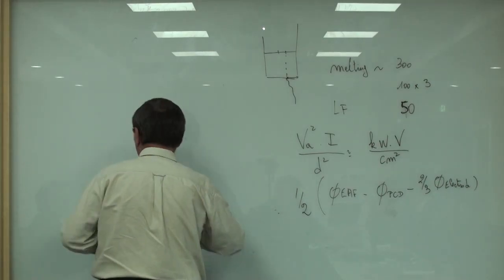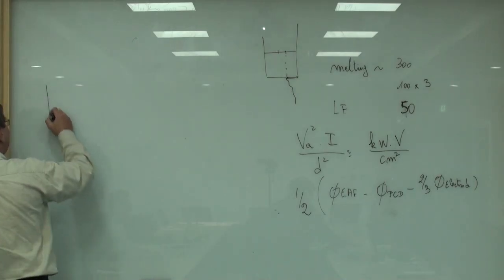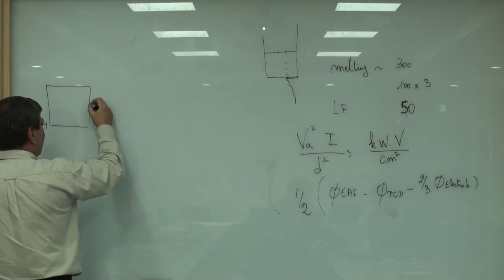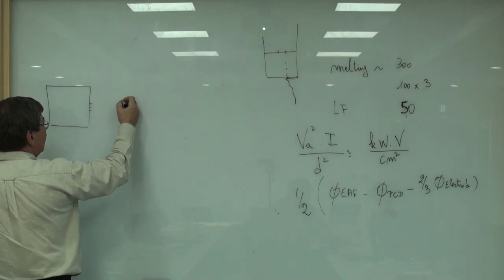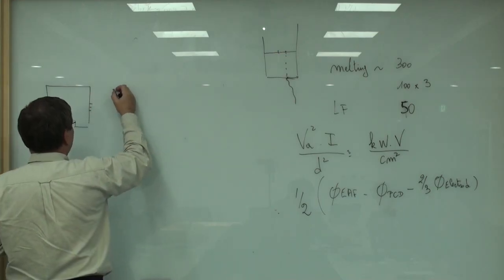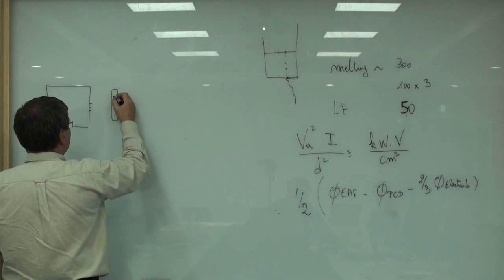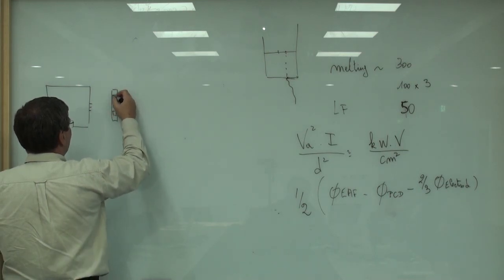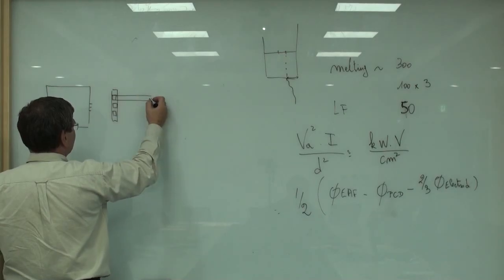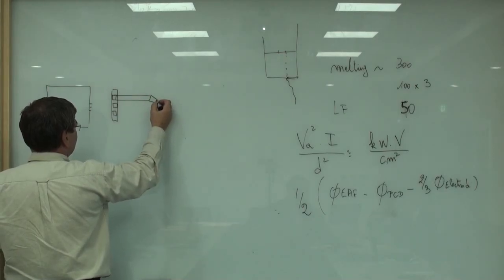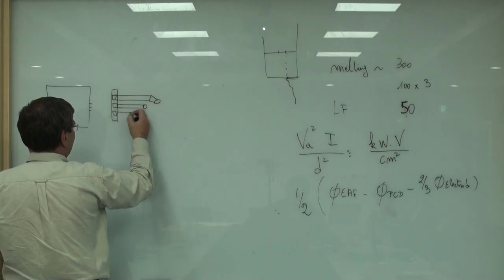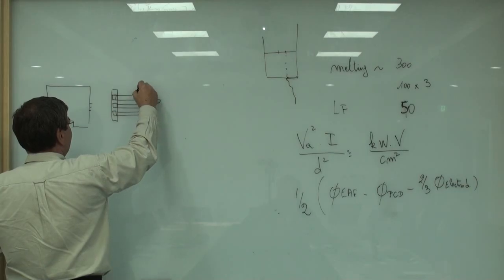So imagine you have a furnace from the top with a transformer house and the high current system and the cables, and then you have the electrode columns here and electrode arms. And here you have your furnace.